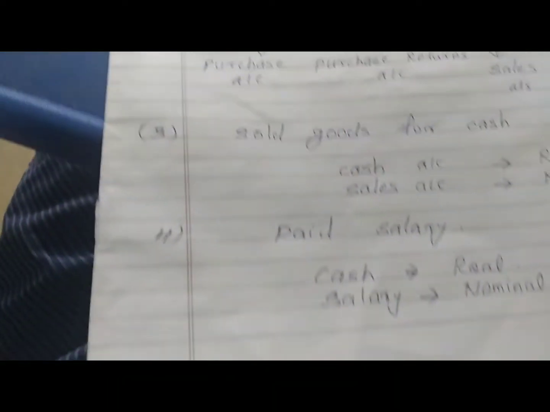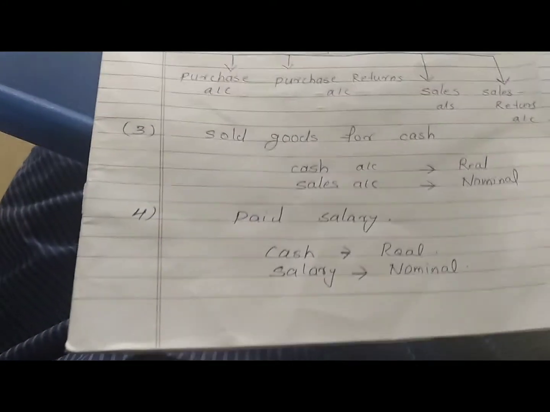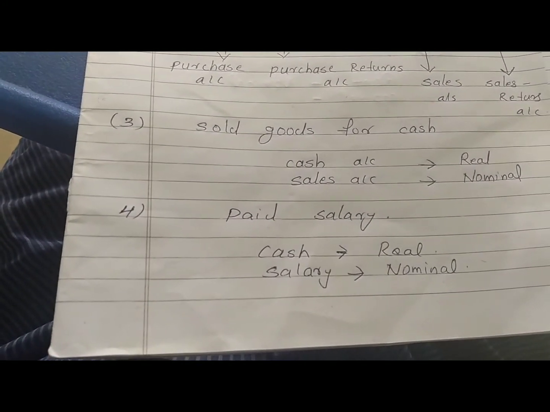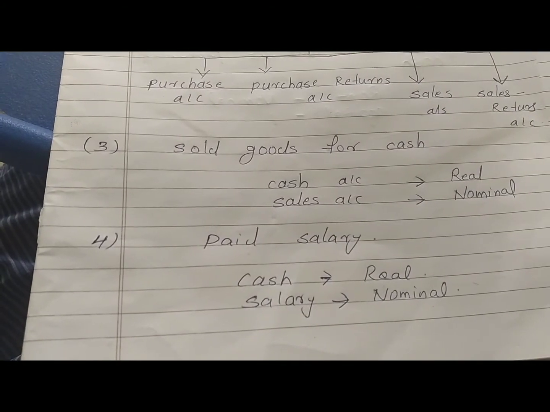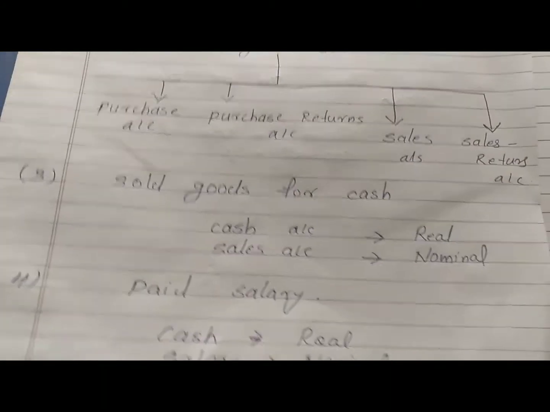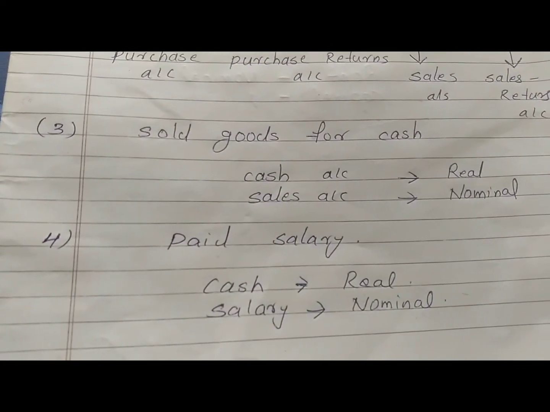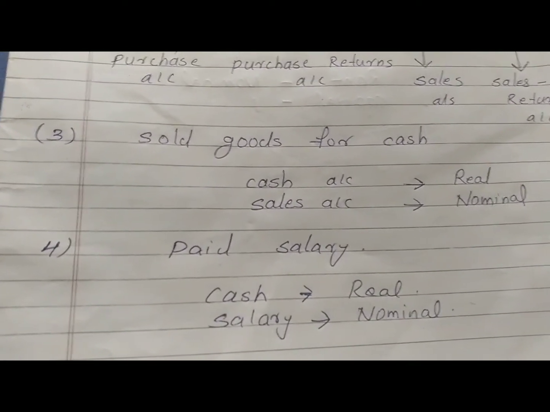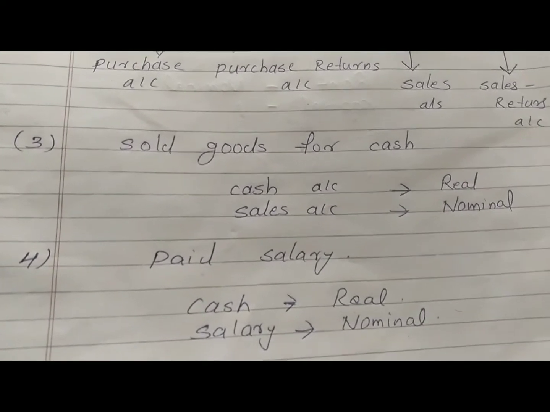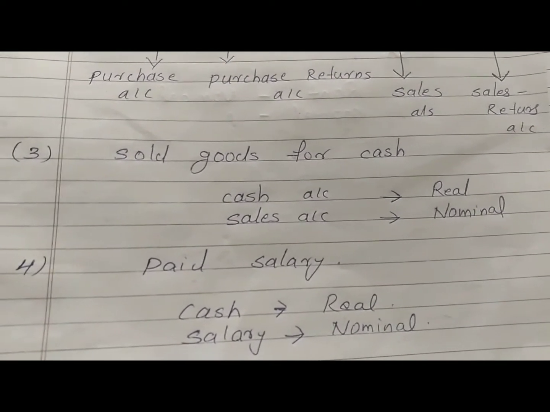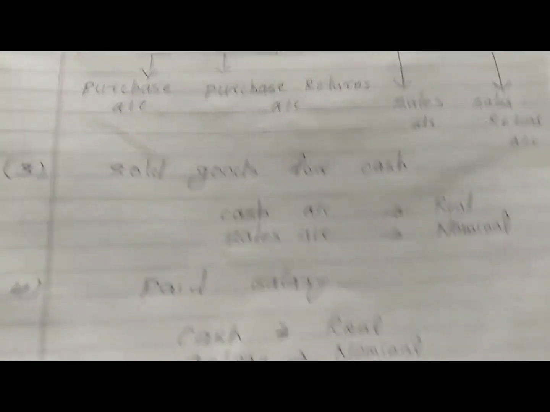Then we have paid salary. Fourth one, paid salary. How many accounts are involved? When you pay salary, cash is going out of the business, so cash is involved, and salary is an expense, so salary is also involved, right?